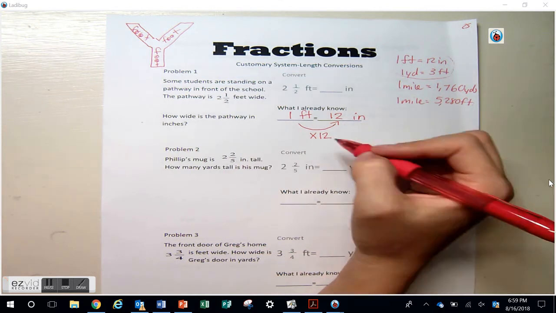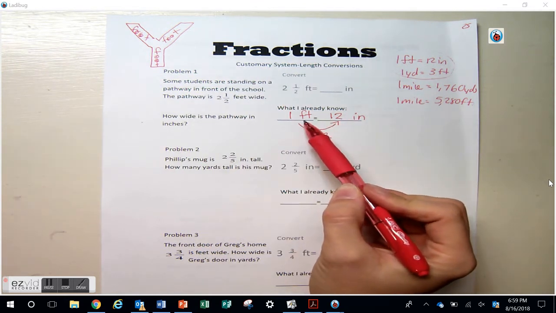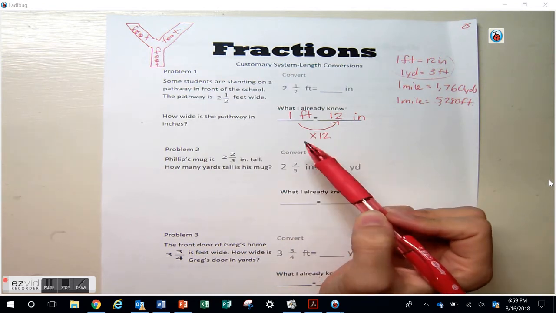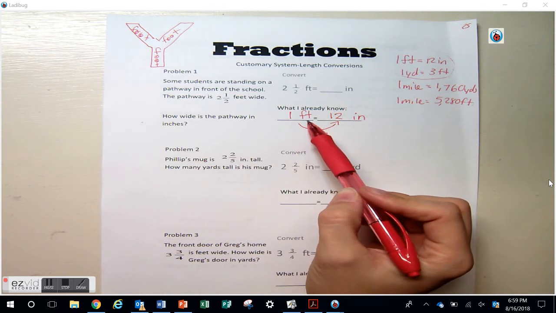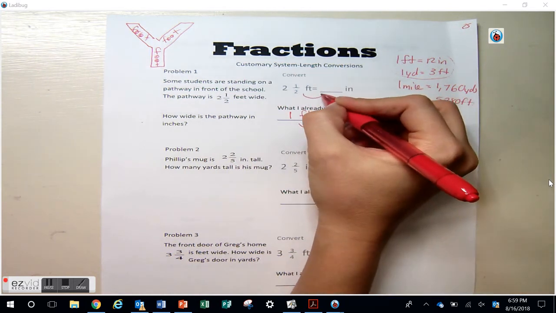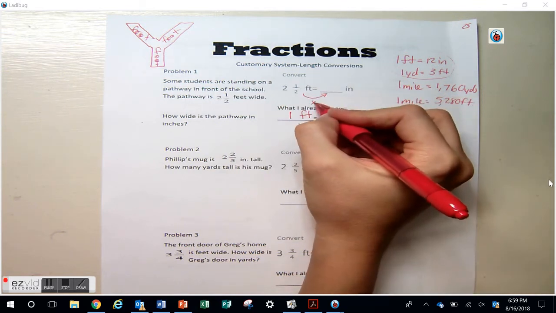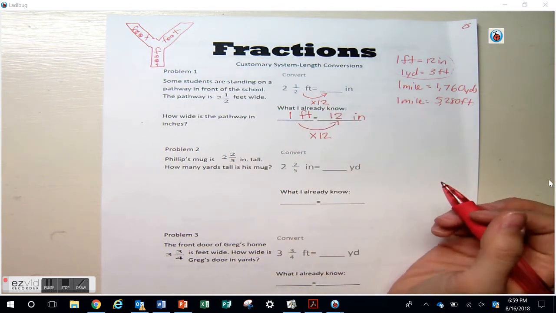Because I know this simple fact, 1 foot equals 12 inches, I can apply this anytime I go from feet to inches. So I'm going to do the same exact thing and multiply by 12. Multiply by that conversion factor.